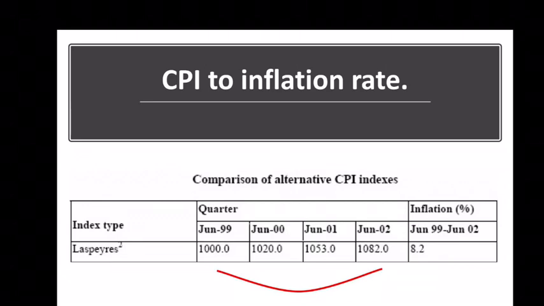You can see that the CPI changed from 1000 to 1082. So that is an 8.2% change. So we can say that the inflation from year 99 until year 02 is 8.2%, or the 4-year inflation is 8.2%.